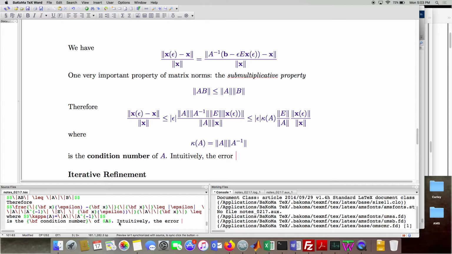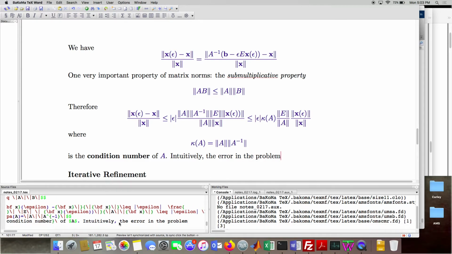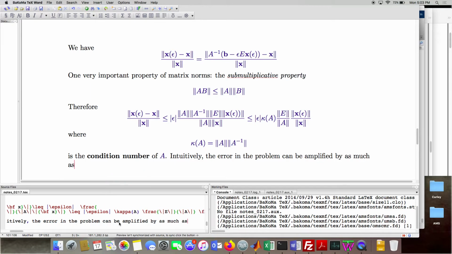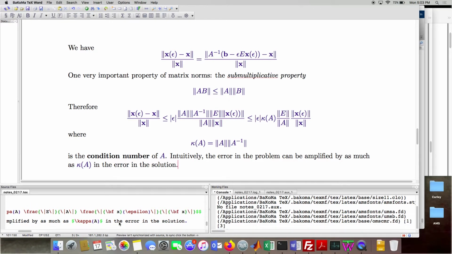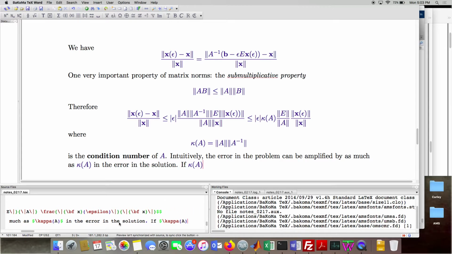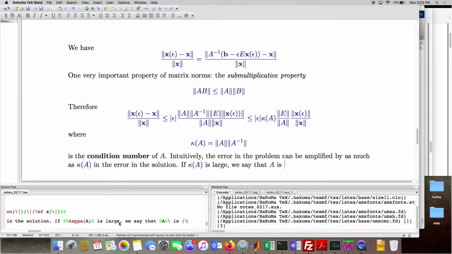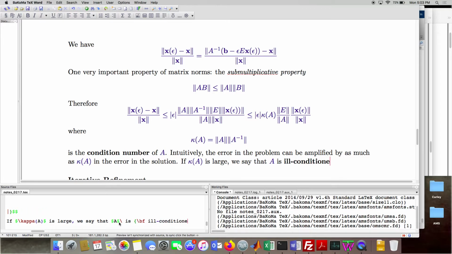So intuitively, the error in the problem, so errors in A, errors in B, like measurement errors, can be amplified by as much as that factor in the error in the solution. So if this quantity is large, we say that A is ill-conditioned.